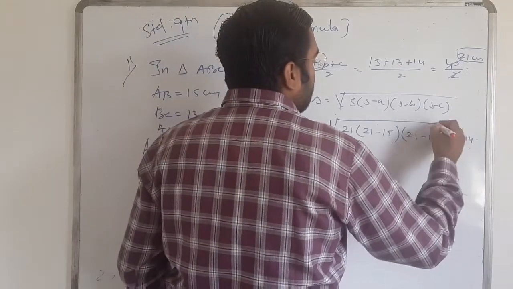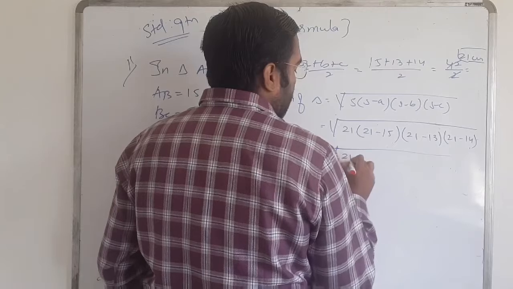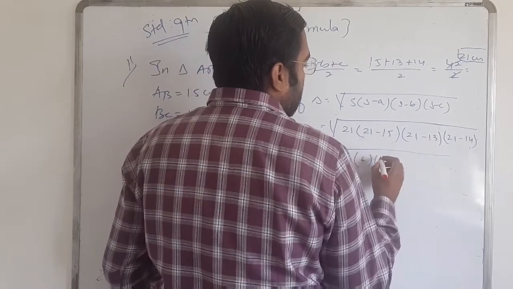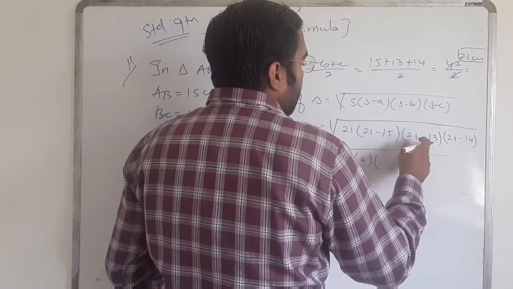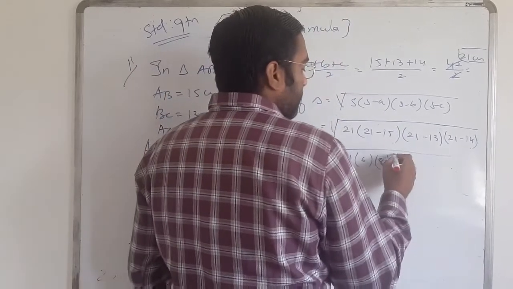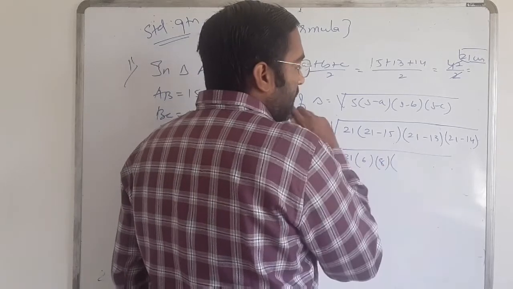So 21 minus 15 is 6, 21 minus 13 is 8, and 21 minus 14 is 7.